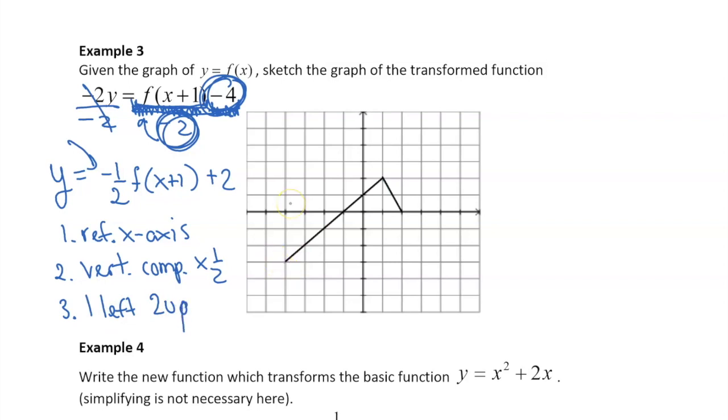So let's highlight some of our key points again right here. So we reflect over the x-axis. Okay, and then after that, we want to vertically compress it by a factor of 1/2. So you may have half points here, like we do in this case.